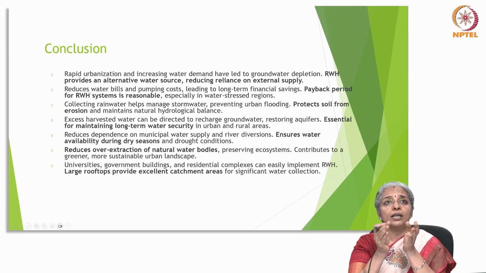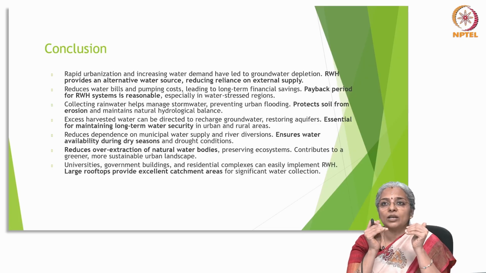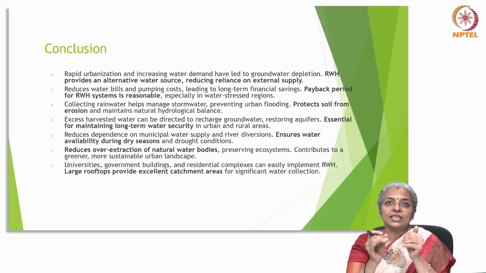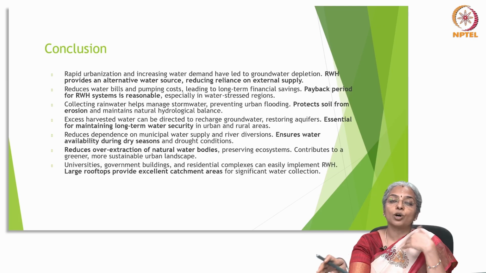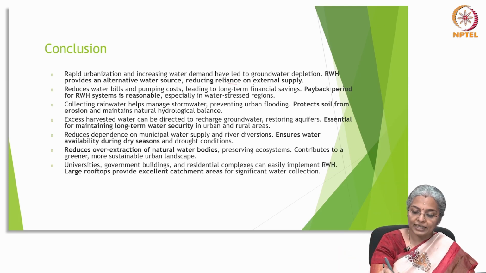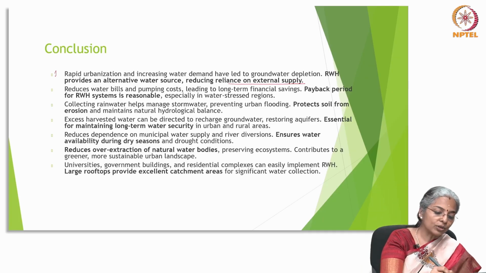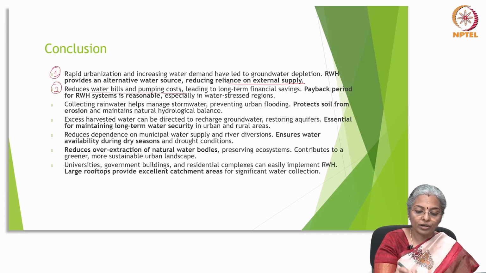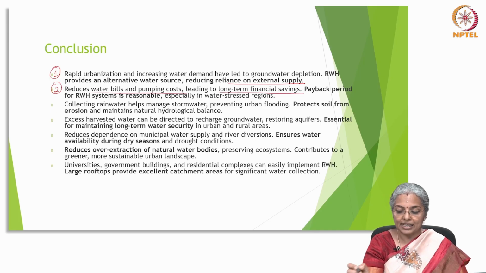So, I conclude by saying that rapid urbanization and also increasing water demand has led to groundwater depletion. And for this, rainwater harvesting is a great alternative source of water because it reduces our reliance on external sources of water like the municipal supply or the underground bore wells. Also, there is a great economic dimension to it, as it can reduce our water bill and pumping cost and give us long-term financial savings.